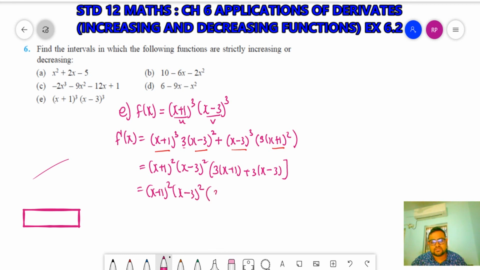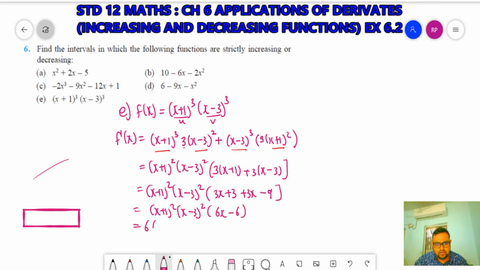Okay, 3x plus 3 plus 3x minus 9, that is 6x minus 6. I can take 6 common. So x plus 1 whole square, x minus 3 whole square, and x minus 1.